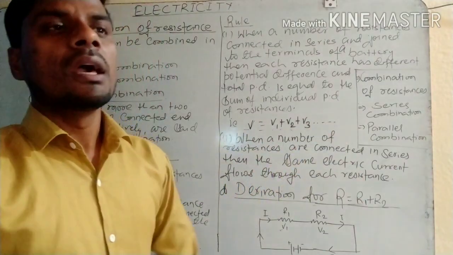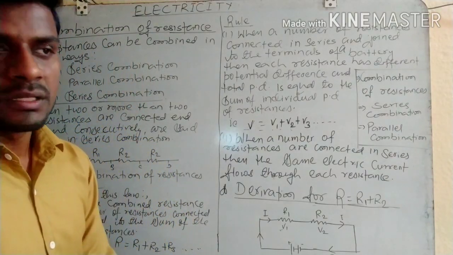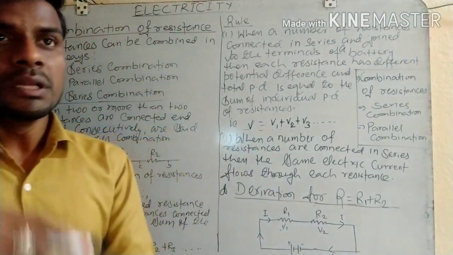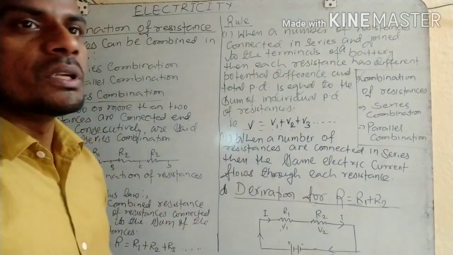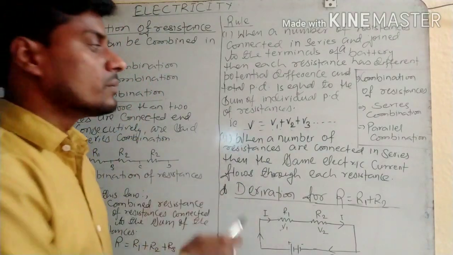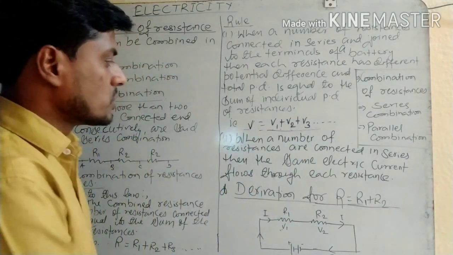That means when a number of resistances are connected in series, the potential difference changes into different values as per the resistance, as V1, V2, V3 and V4 and so on. But finally V is equal to the sum of all the potential differences.